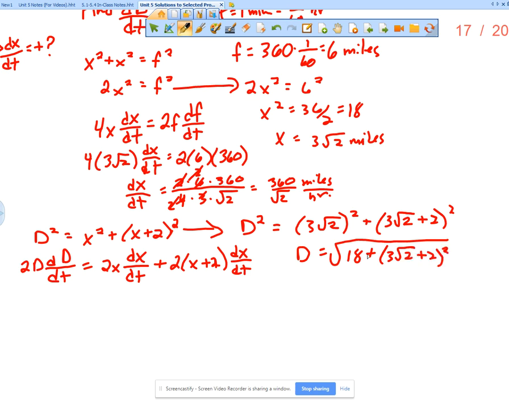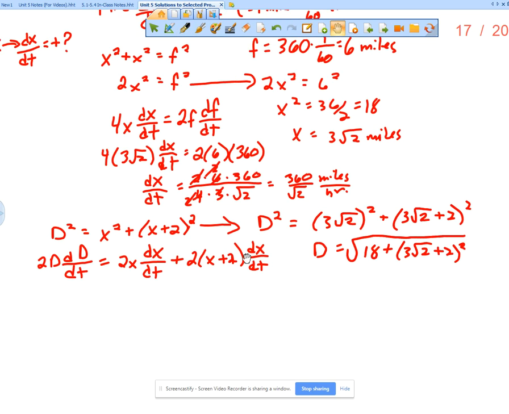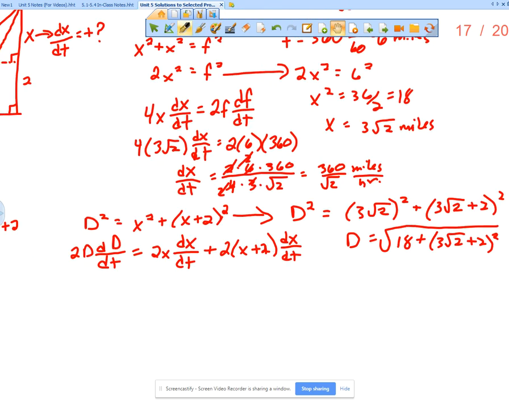So I'm just going to leave that as d, and so that means that I'm going to put that in place of d, and I'm going to put 3 root 2 in place of x, and I'm going to put 360 over root 2 in place of dx/dt. And so 2 times d times dd/dt is equal to that stuff. So I'm going to solve for dd/dt by dividing by 2d.